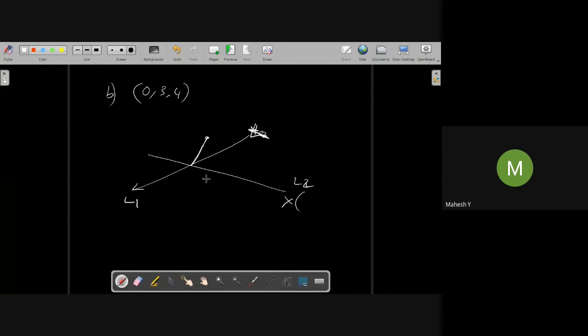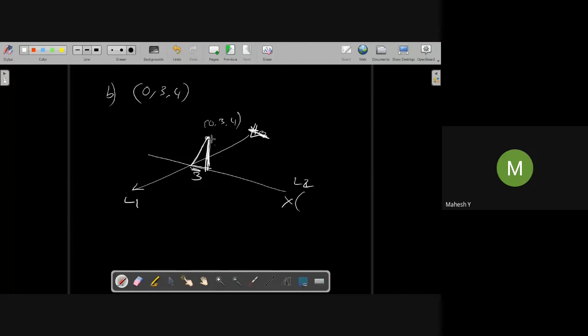Okay, so what is the perpendicular distance from L2? That is easy. So this is the point 0, 3, 4. What is this coordinate? And this is the perpendicular distance, right? So what is this distance now for line L2? This is the y coordinate 3.